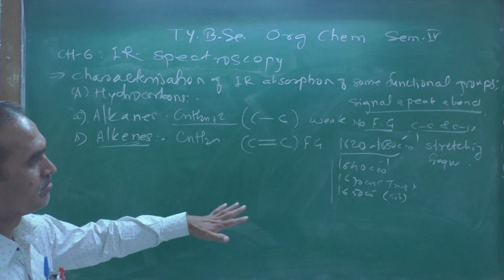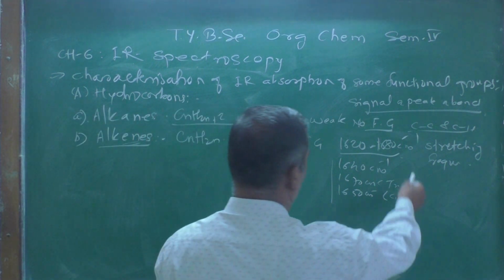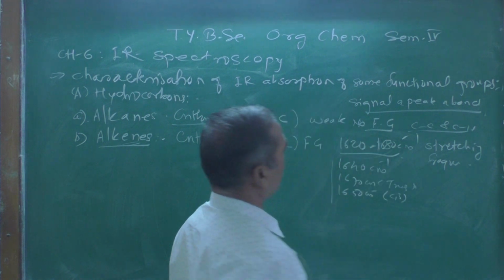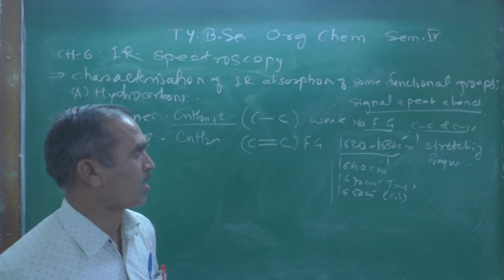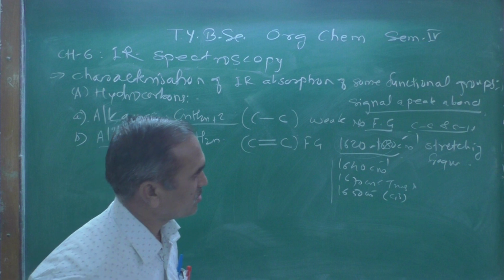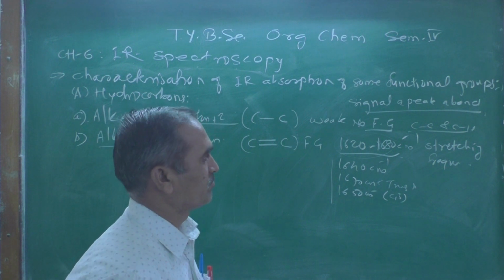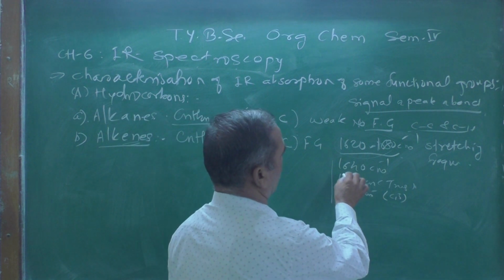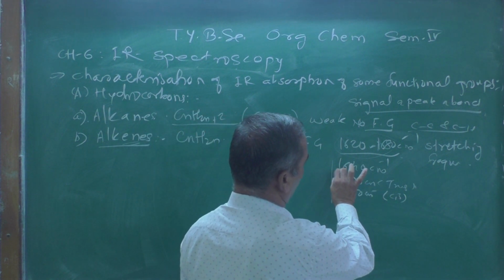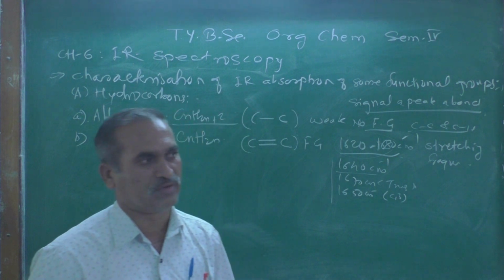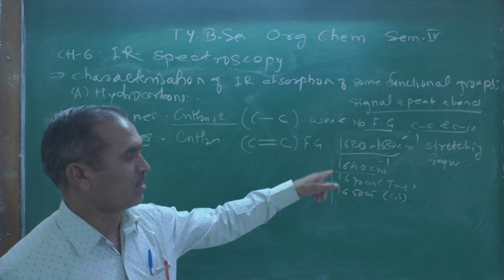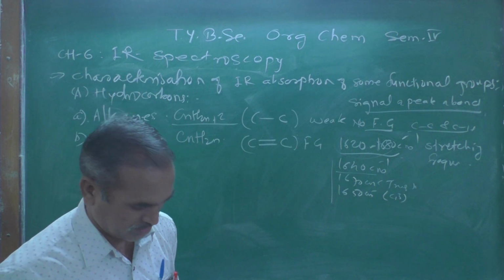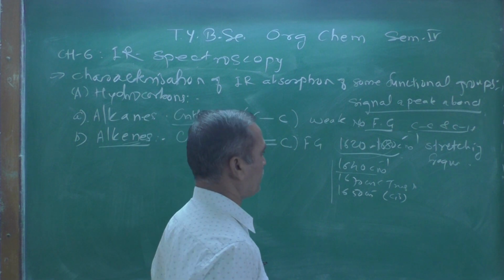But remember, the appearance of an absorption peak around 1620 to 1618 per centimeter clearly shows the presence of the carbon-carbon double bond stretching frequency of an alkene.